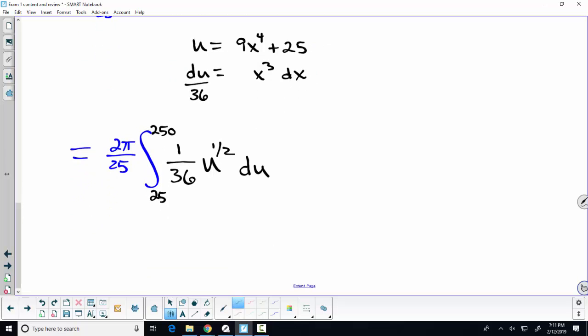Okay, so that's what we're looking at. Let's keep going with this, I guess. Okay. The antiderivative of u to the 1/2.